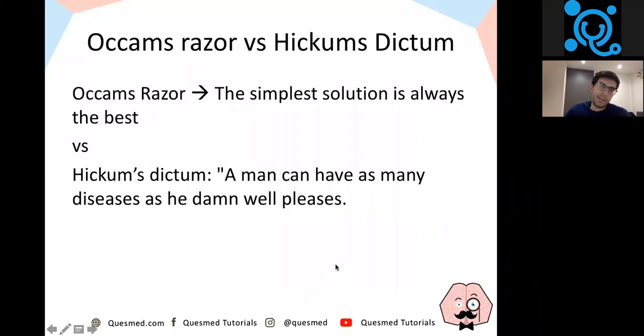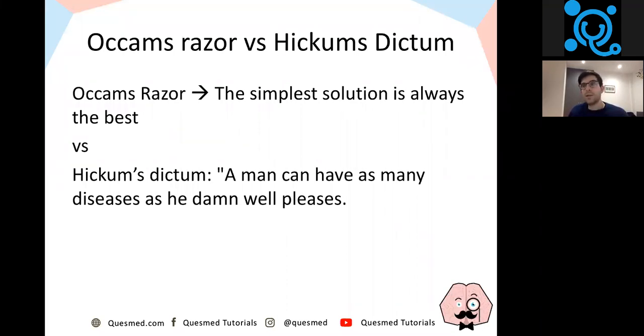These are two rules of thumb that people use to think about clinical decision making. Occam's razor is a thought process that says the simplest solution is always the best, and you always try to put things together in a nice package if possible. The opposing idea is Hickam's dictum, a counter argument, which says that a man can have as many diseases as he damn well pleases.